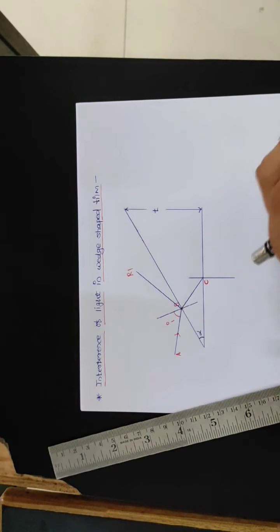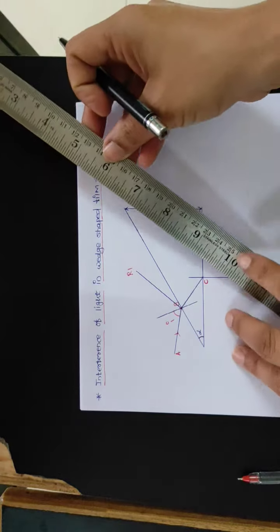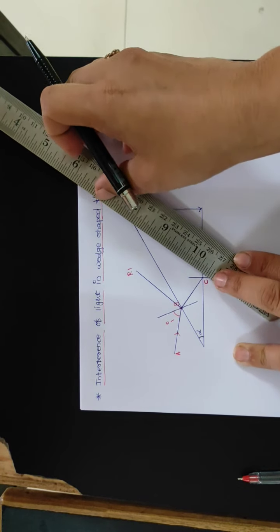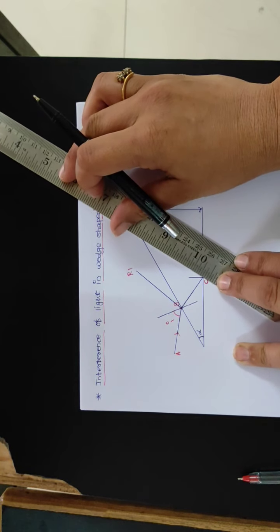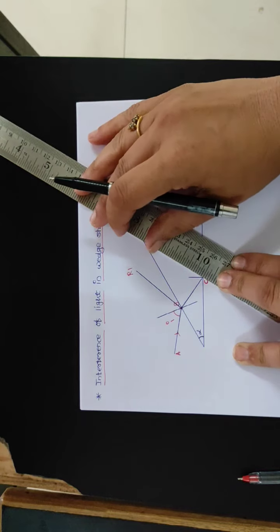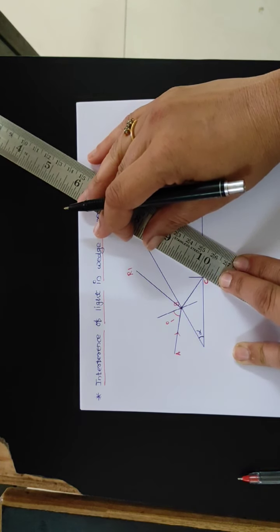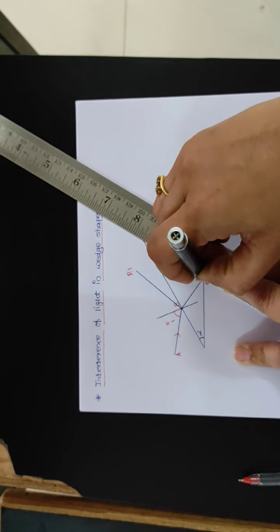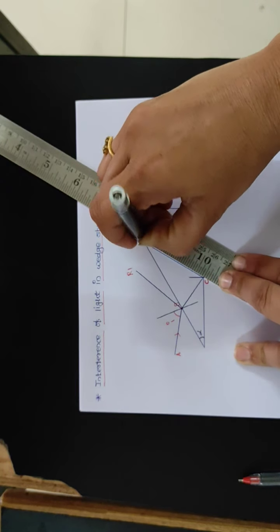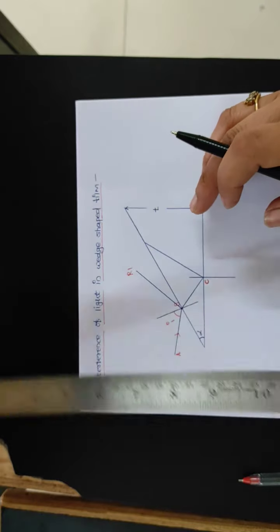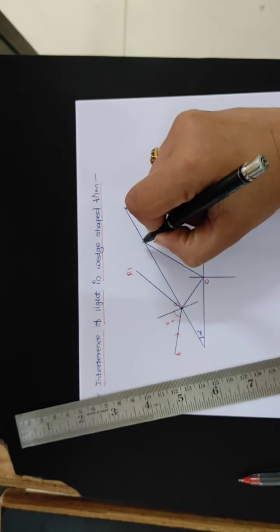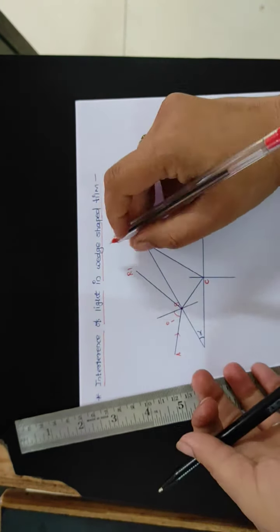Now again from the point C, the ray will be partially reflected and partially refracted. So this is the point D.